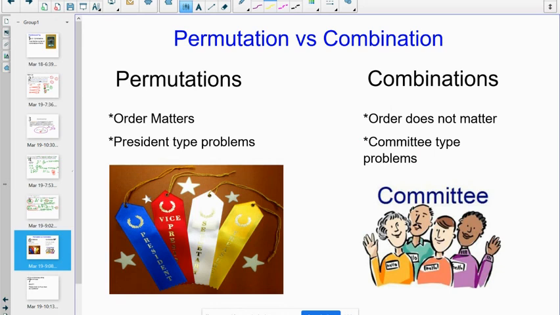But just keep in mind that permutations, where order matters, are like the president-type problems that we just did, when they have different roles, versus a combination, when order doesn't matter, because if you're assigning roles that are the same, like a committee, the order does not matter.